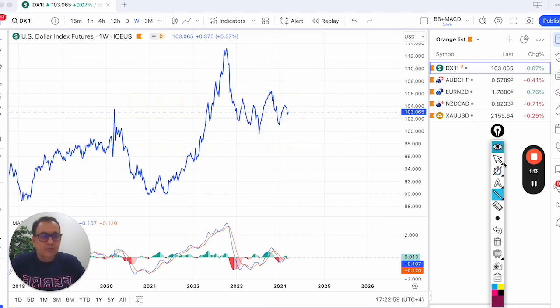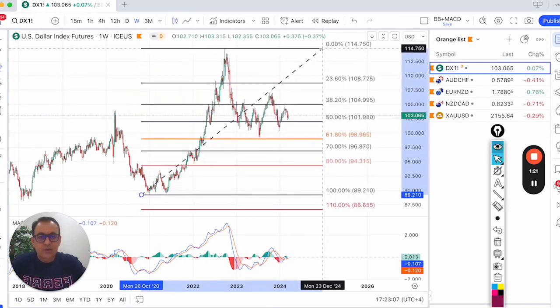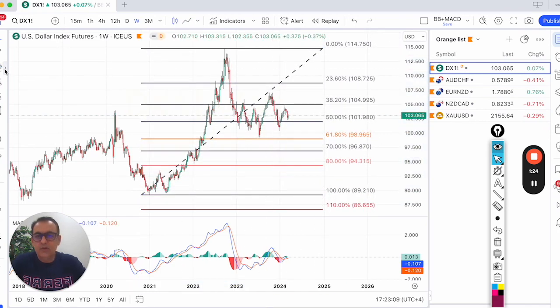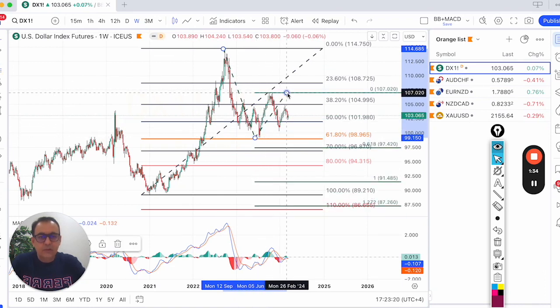and this is the expected continuation to the downside. So here we can apply Fibonacci retracement starting from the lowest point of the swing to the highest point. Now I'm going to apply Fib extension in the downward direction, connecting to the first low and the first lower high formed.